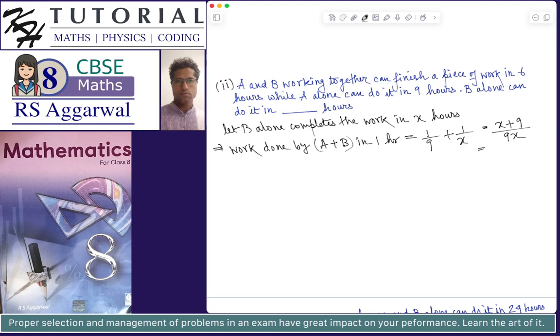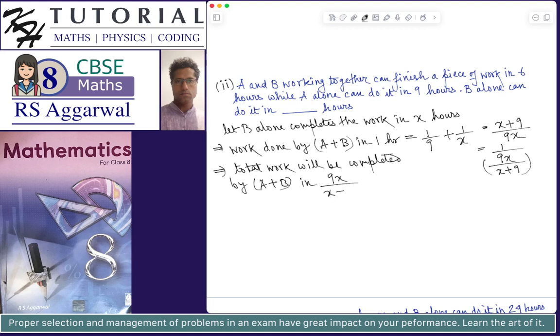If you write it in the form of 1 by n, this will be 1 by 9x divided by x plus 9. So from this fact we can say total work will be completed by A plus B in 9x by x plus 9 hours.